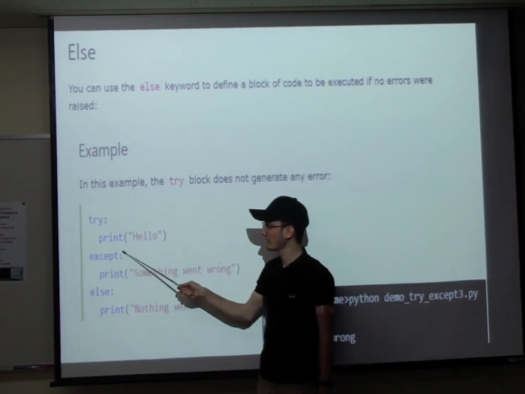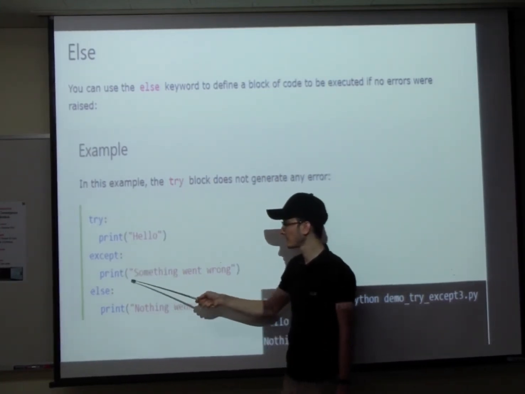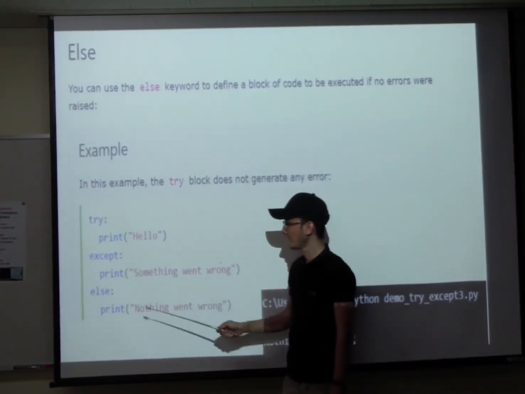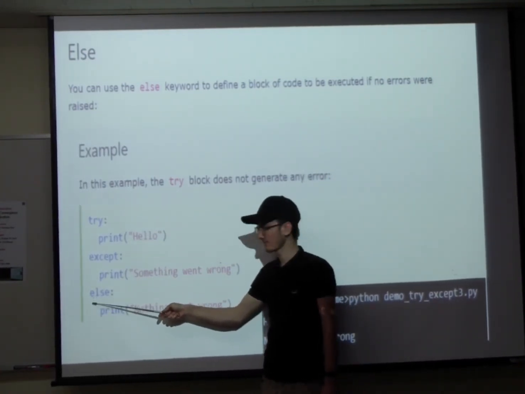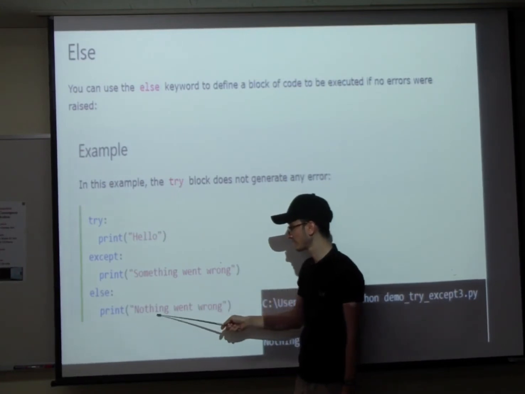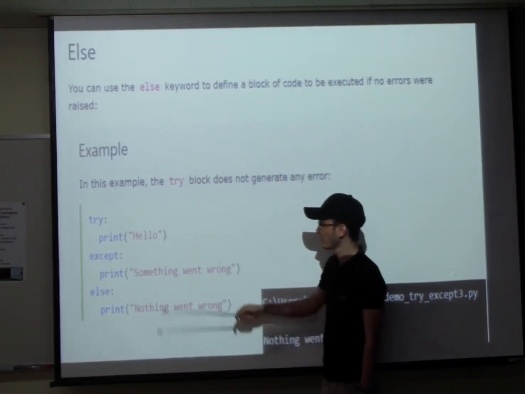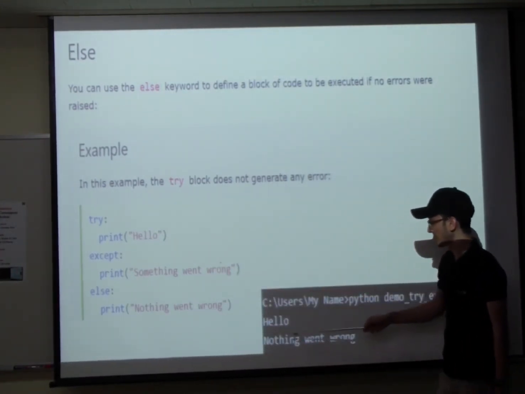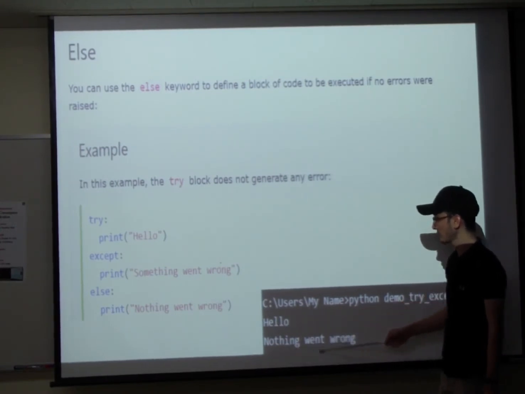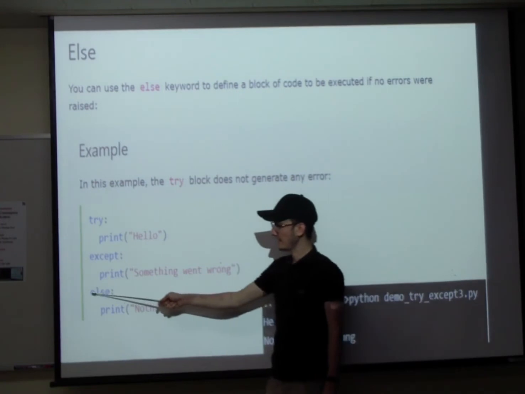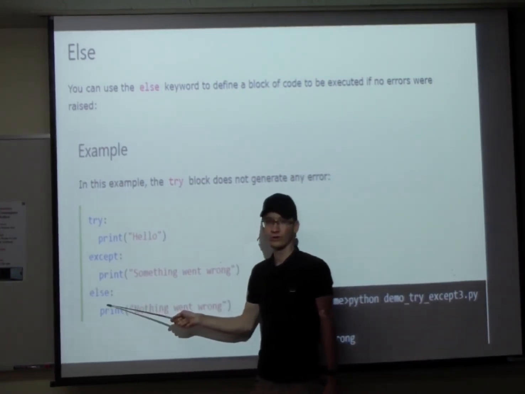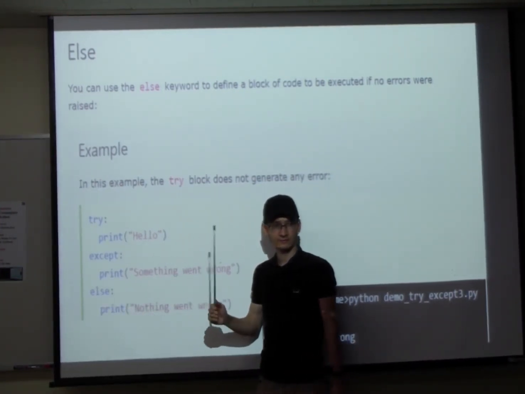And below we have except block, print something went wrong, and else. So you can put else as well. Else, print nothing went wrong. So if you run this code, we have hello, nothing went wrong. This else block will work every time.